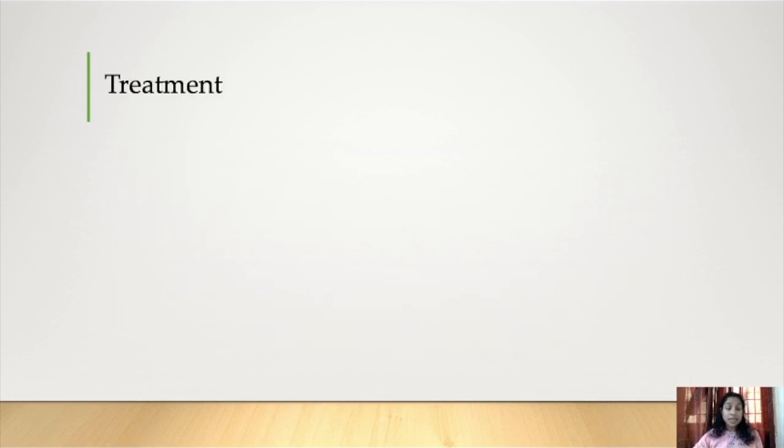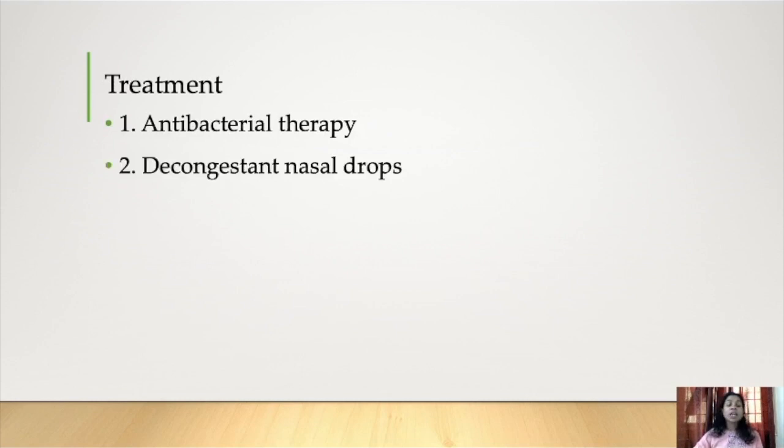Next comes the treatment of ASOM: antibacterial therapy. So antibiotics can be given. Decongestant nasal drops and oral nasal decongestants can be given in the initial stages because tubal occlusion is there, right? So that is the main reason for this infection.